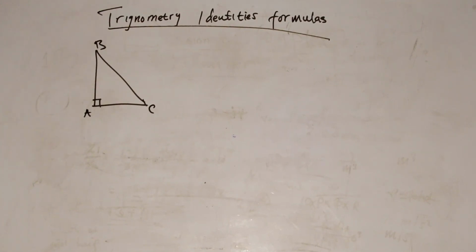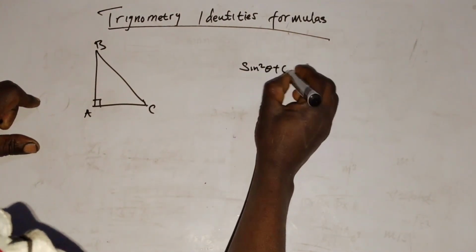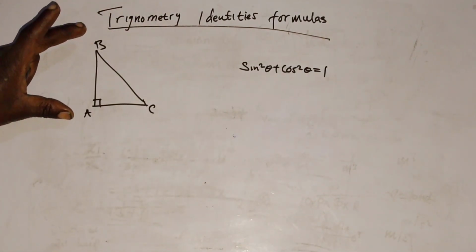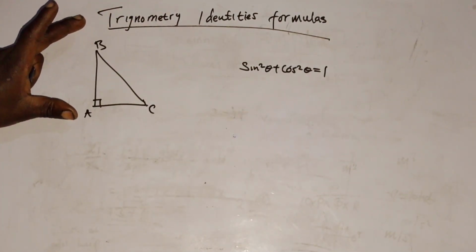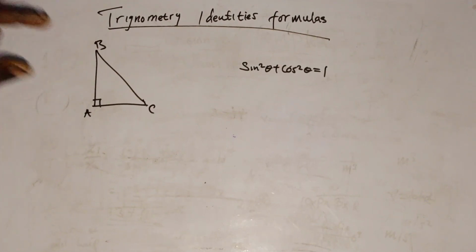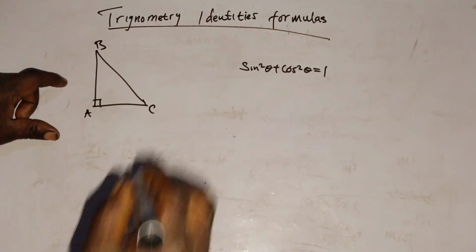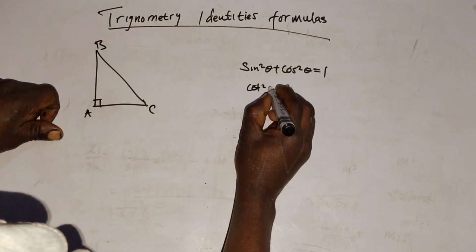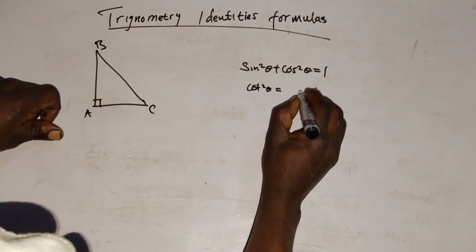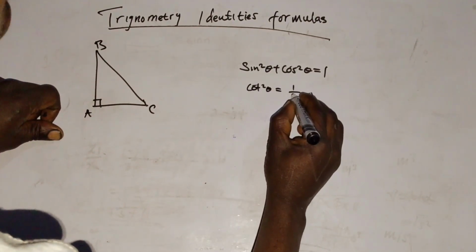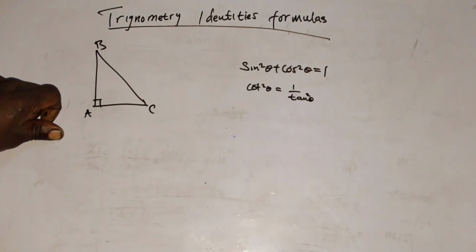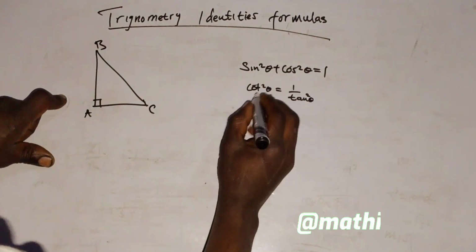From a right angle triangle, you can create some formulas like this formula here, by using Pythagoras theorem. Cot squared theta equals 1 over tan squared theta. Okay, and we have also this one.